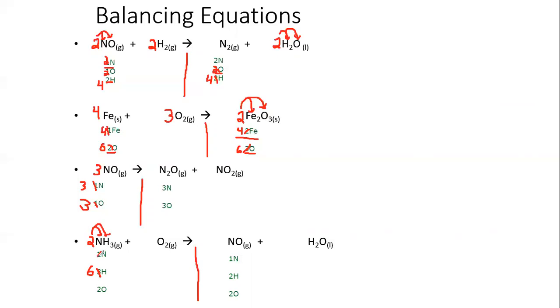And so that nitrogen now is 2. Now we move to the product side. To make 6 hydrogen there, we've got to add a 3. And so now we have 6 hydrogen, but the 3 gets distributed to the hydrogen and to the oxygen as well. So now our oxygen has gone from 2 to 4.